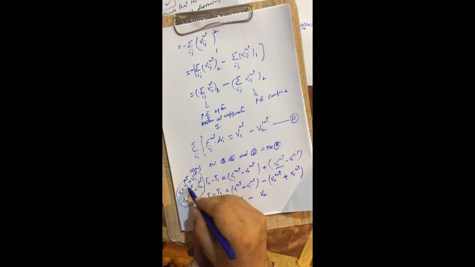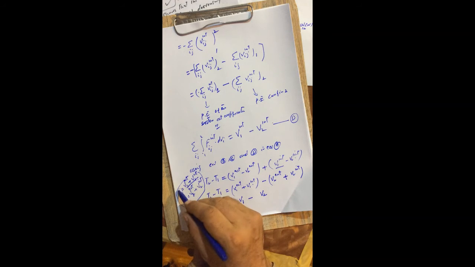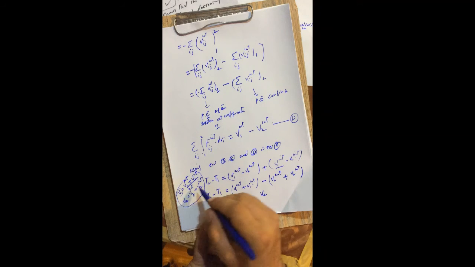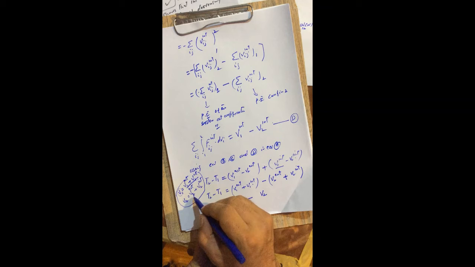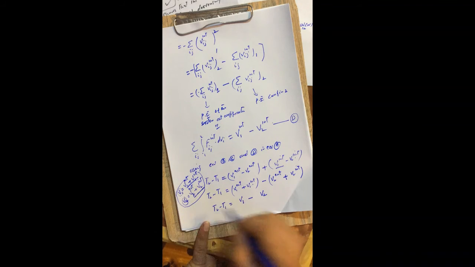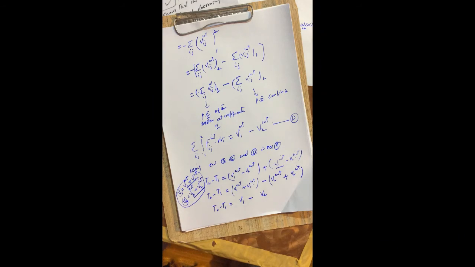So I replace these two terms, V1 external plus V1 internal, by V1, which is the total potential energy at configuration 1. Similarly, I replace V2 external plus V2 internal by V2. So we have this. Now this can be further simplified like this.